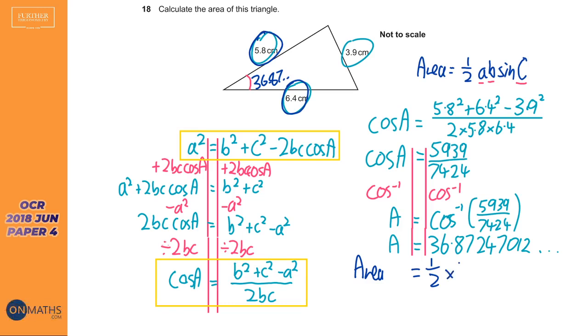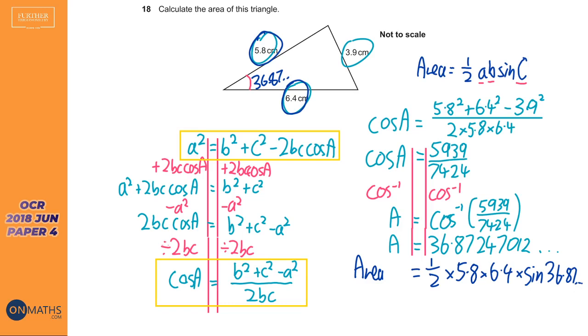So 5.8 times 6.4 times sine, and then 36.87 blah blah blah. Okay, so what I would do is, the first thing I'll do is sine answer and kind of do this bit first, just so that I can keep the precision absolutely perfect.